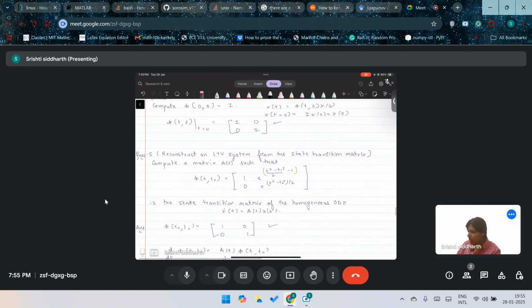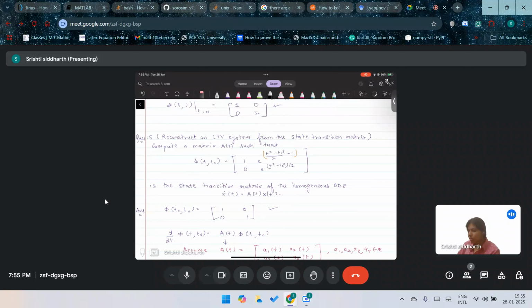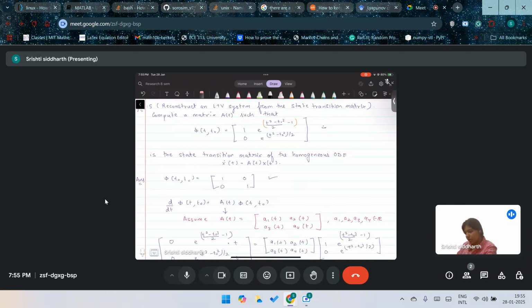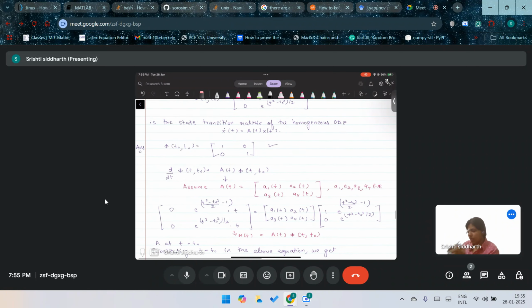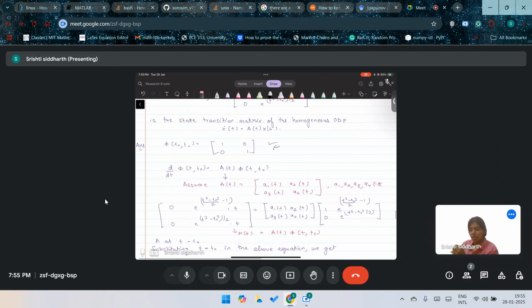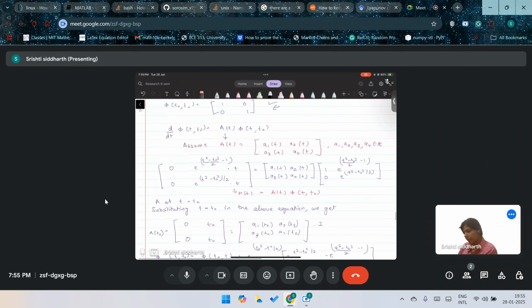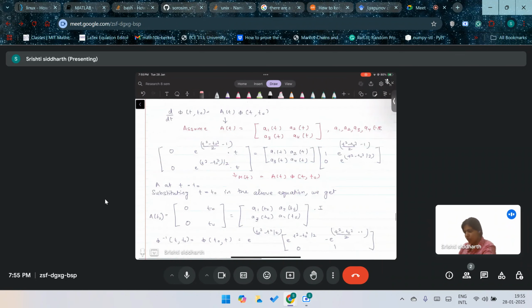Alright. Then next we look at how to get an LTV system or how to get the matrix A given the state transition matrix. So this was a state transition matrix, and we were asked to find out the matrix A of t for the homogeneous ODE. So we first check if this follows the property of the state transition matrix, and then we use this property.